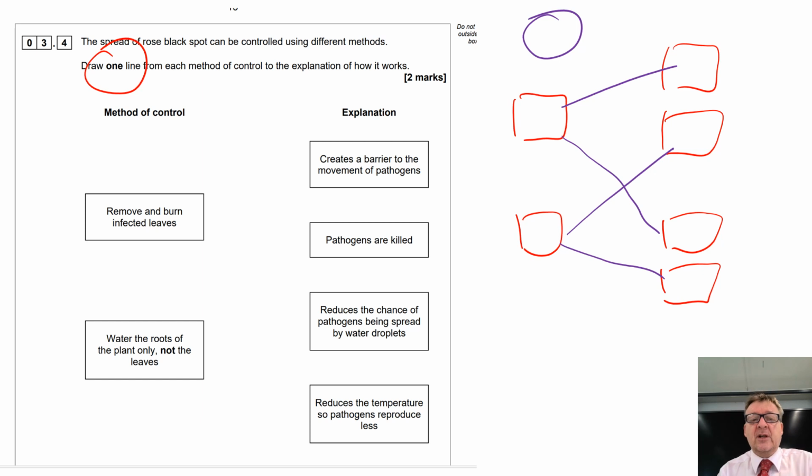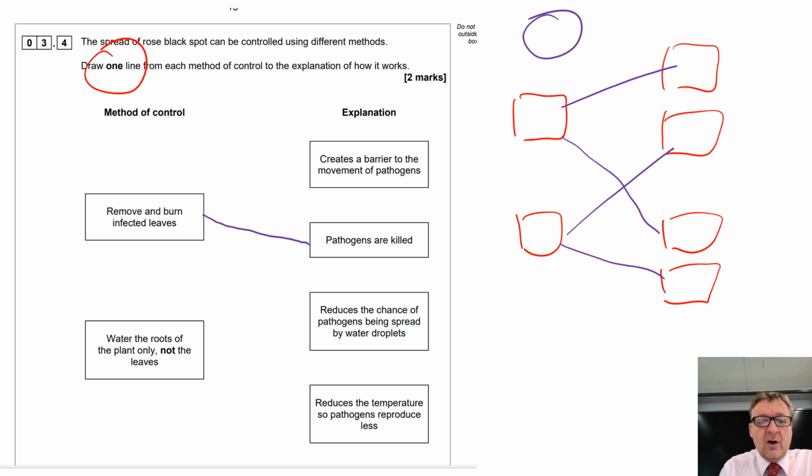Remove and burn infected leaves. Creates a barrier? No. Pathogens are killed? Yes, burning tends to kill pathogens. Just check the others. Reduce the chance of pathogens by water droplets? No. Reduces the temperature? Obviously not.